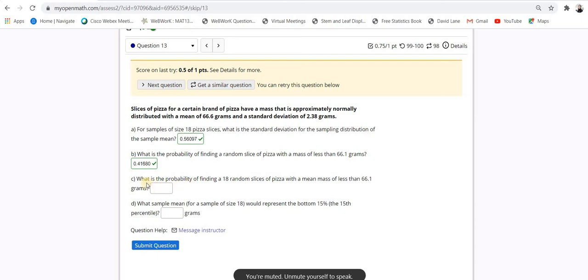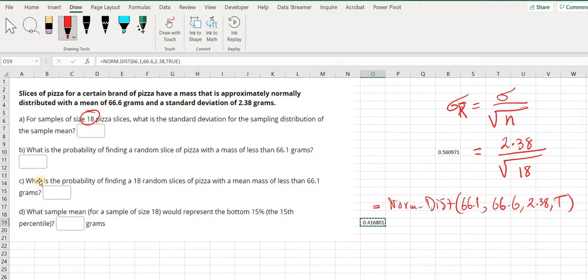And then the third one, what is the probability of finding 18 random slices of pizza with a mean mass less than 66.1? So notice the difference here. What is the probability? I am still going to use NORM.DIST, either NORM.DIST or 1 minus NORM.DIST, but it is NORM.DIST because it's less than, okay? 66.1, comma, 66.6.